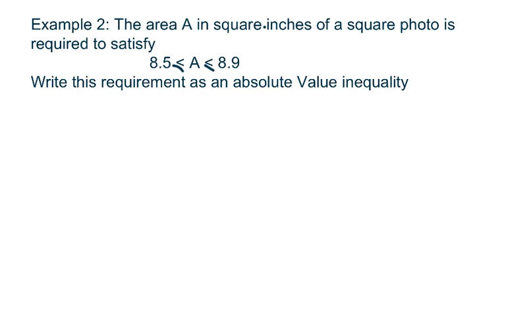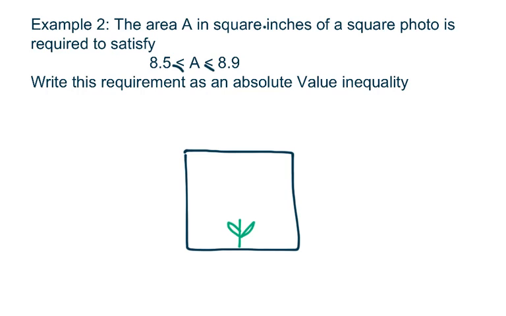We've got a square photo, okay? It looks kind of like this. And let's say that there's a company that produces square photos. But the photos have to be a certain size. They have to be between 8.5 square inches and 8.9 square inches.